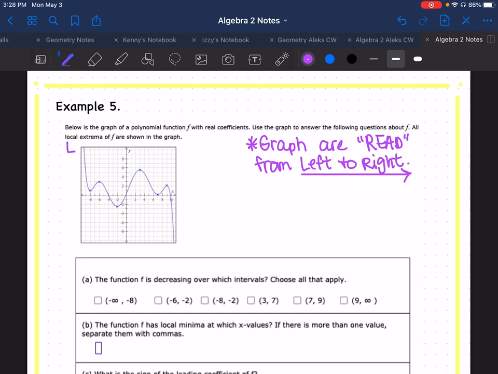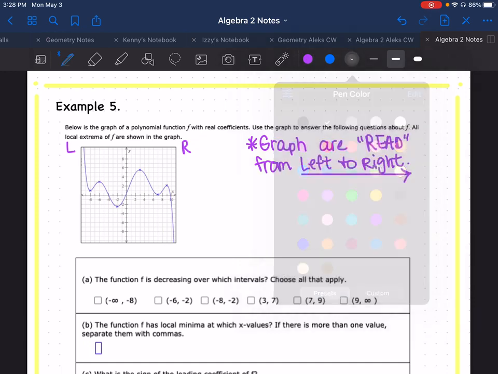Here is my left, here is my right. I'm going to read it for increasing and decreasing because they're going to ask that question. They're going to ask questions about what the leading coefficient is, so we're going to have to go back to 9.2 where we talked about the end behavior and all that kind of stuff.